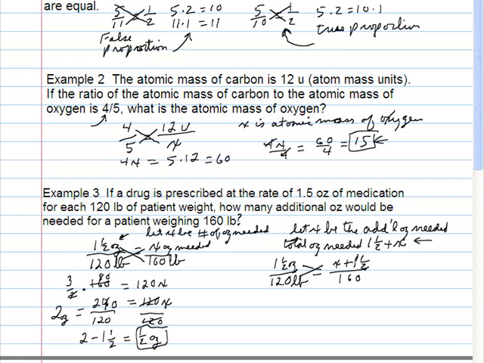Again, I would set my cross products equal. So I would get the same 3/2 times 160 as I had earlier. And on the other side, I'd get 120 times X plus 3/2, which if I distribute would give me 120X, and then distribute to the second term. 120 times 3 halves would be 180.